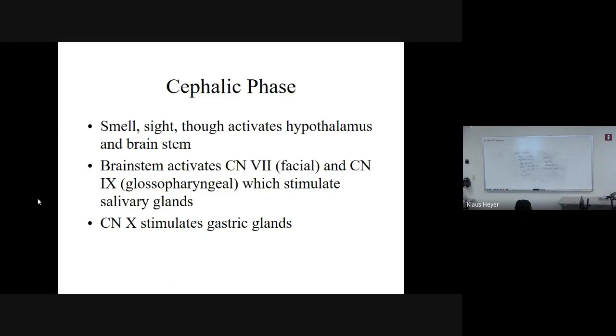Your 7th cranial nerve, your 9th cranial nerve, and if you don't even remember the cranial nerves, just say that they're activating salivary glands, because that's the point. It's making you salivate. I mean, that's really, smell the cookies, salivate, be hungry. That's the cephalic phase.